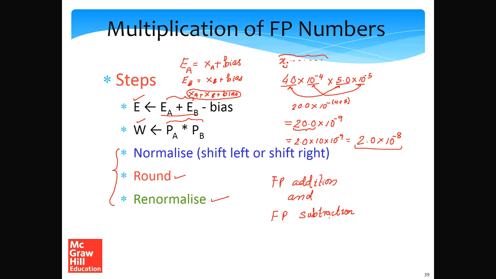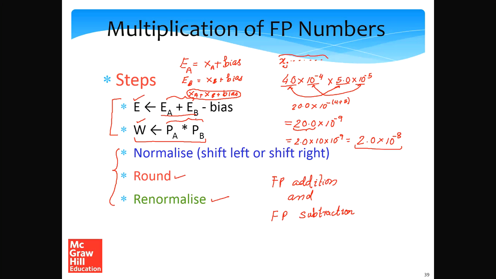All these steps remain the same. The only steps that are different are that we add the exponents, and since we would be adding the exponents in a biased form, we'll be essentially adding the bias twice. So at least one of them needs to be subtracted. Second, we need to multiply the significands, and the rest of the stages remain the same.